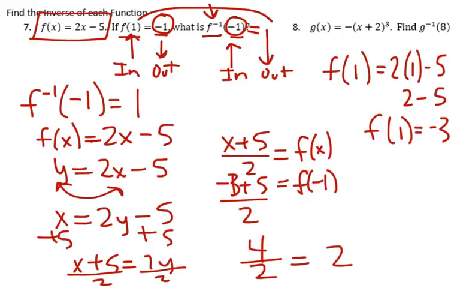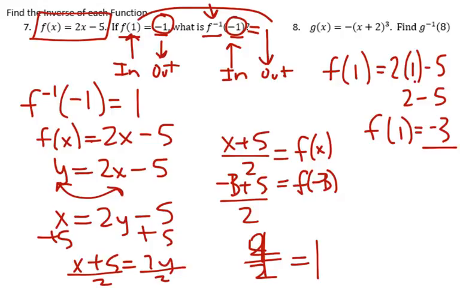Had we plugged in a negative 3 here, we would have got back to a negative 1, right? So 2 times 1 would give us negative 3. Plug in a negative 3. Negative 3 plus 5. Oh, that's a positive 2, not a negative 2. That's where we made our issue.